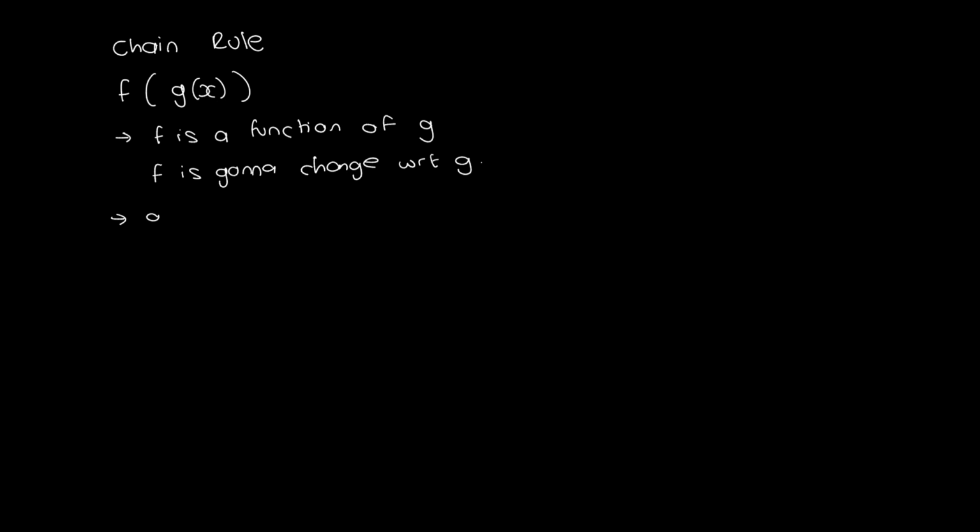And then g is a function of x, which means g is going to change with respect to x. And that's going to be important. That's like the fundamental behind the scenes aspect of this.